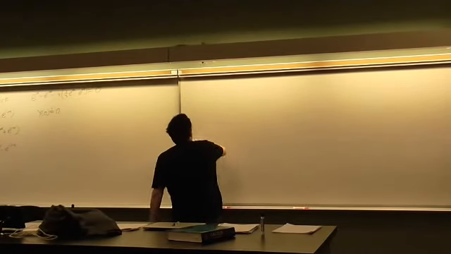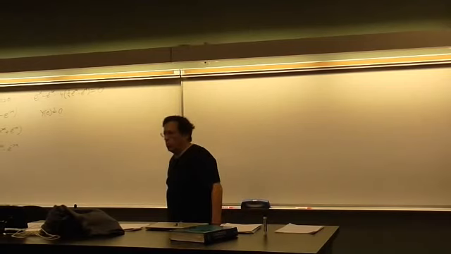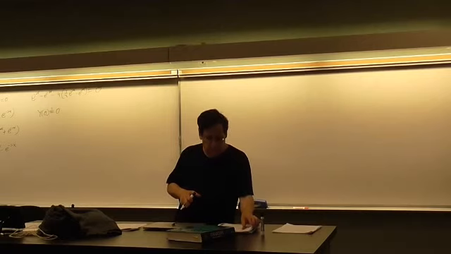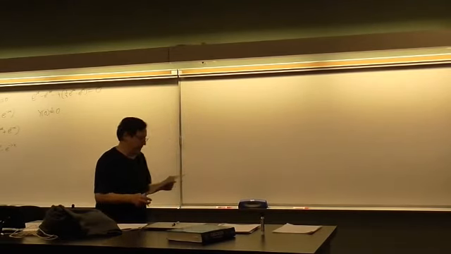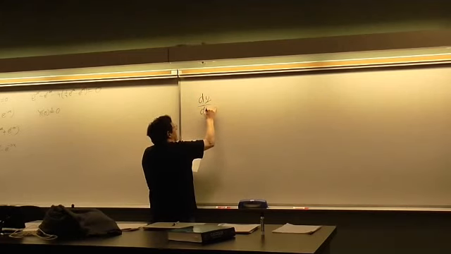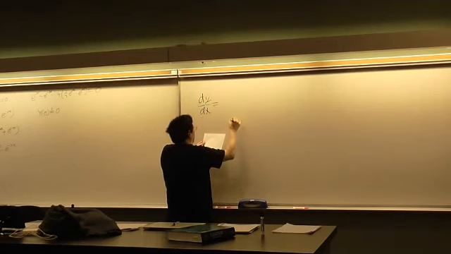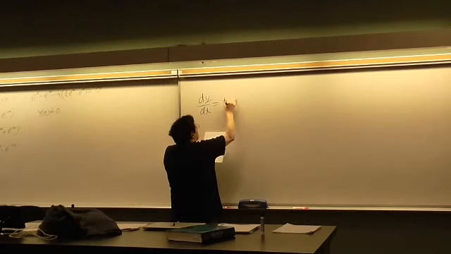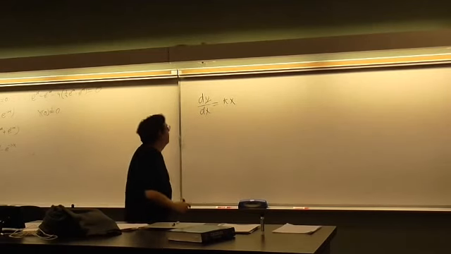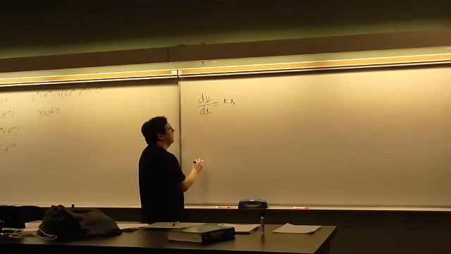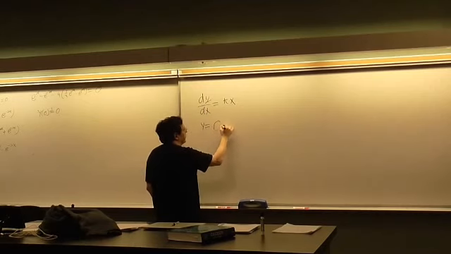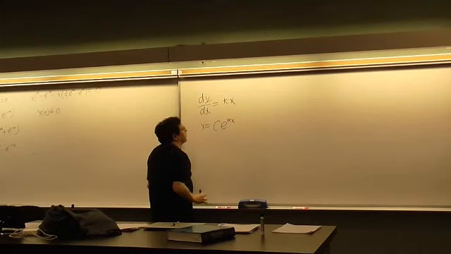First things first, I made a mistake on the worksheet, and I thought I could just ignore it, but you can't, because then you get a terrible situation. So what I really intended on the worksheet was dy/dx equals ky. And if you use the same technique I used on the first problem, you would find that y equals some constant C e to the kx.